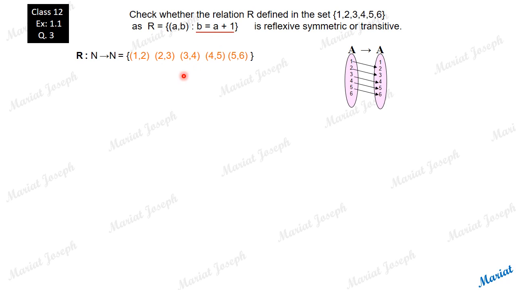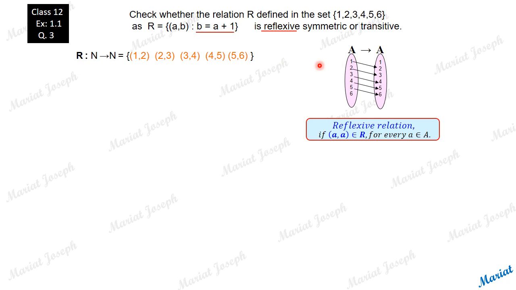Now we need to check whether this relation is reflexive. What is a reflexive relation? A relation in set A is called a reflexive relation if the ordered pairs of the form (a, a) belong to R for all a, all elements of the set A. Let's see. The elements of the form (a, a) mean both coordinates are the same.